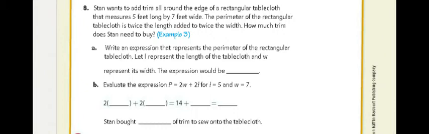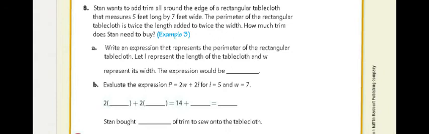Let L represent the length of the tablecloth and W represent its width. The expression would be, so you write the expression there, evaluate the expression P equals 2W plus 2L for L equaling 5 and W equaling 7. So you fill in what you need to, and then Stan bought blank feet of trim to sew the tablecloth. Okay, go ahead and solve that.